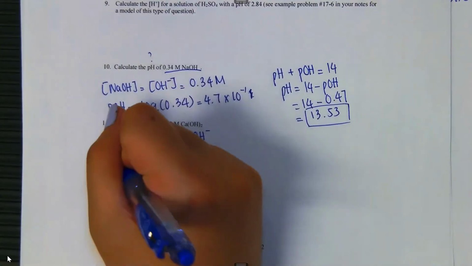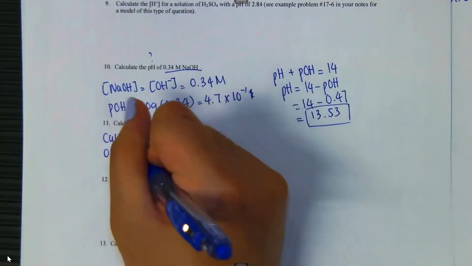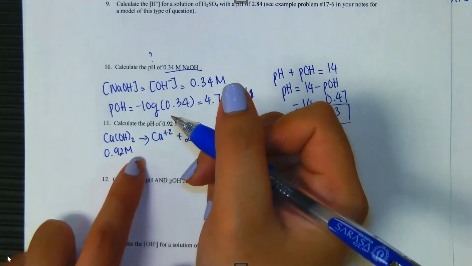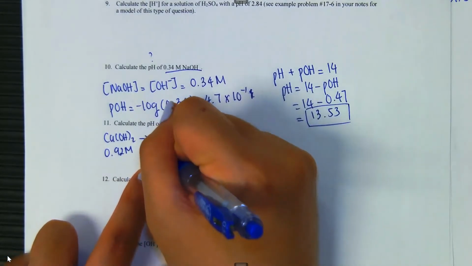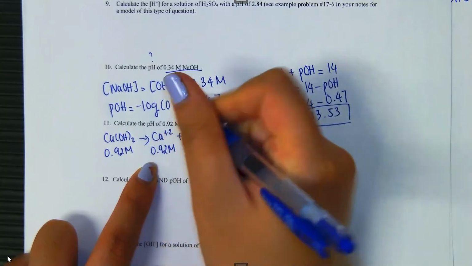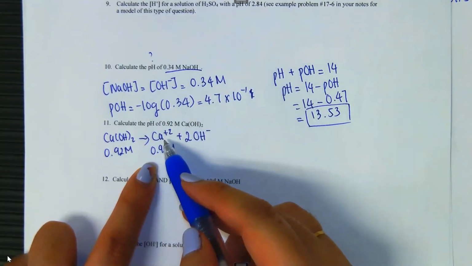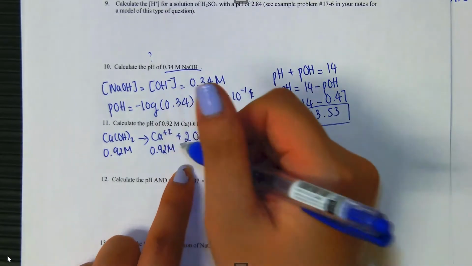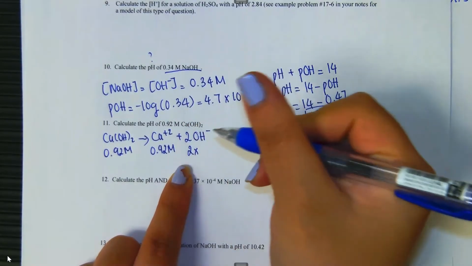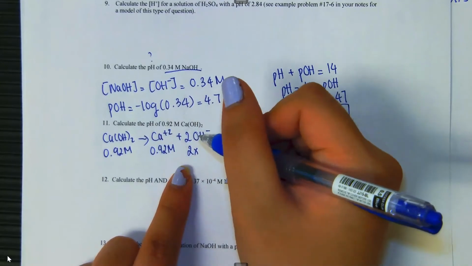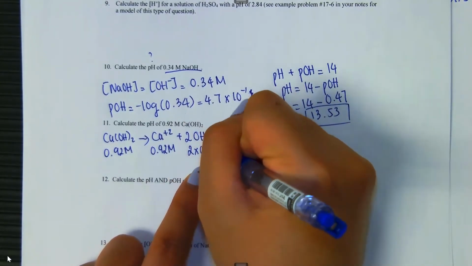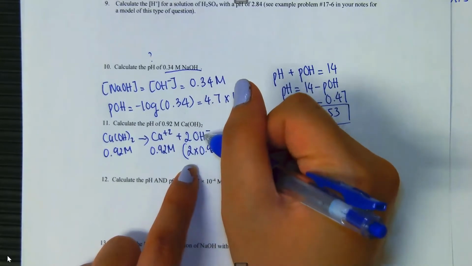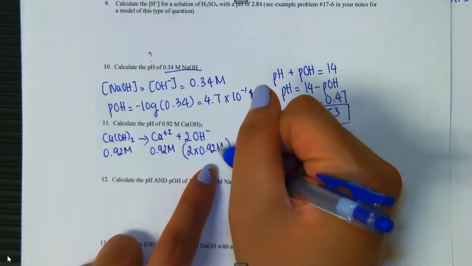Now, at the beginning, calcium hydroxide has a concentration of 0.92. When it dissociates completely, that concentration is also found for each of its ions. But because there are 2 of these ions, you have double the amount of moles of hydroxide in the solution, and as a result you get double the concentration.